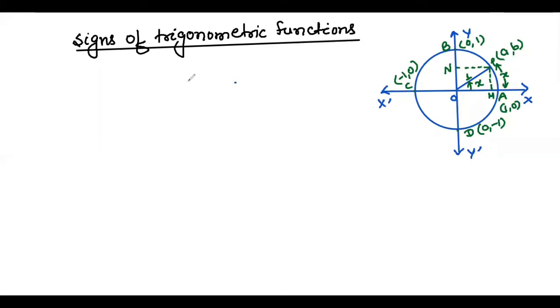So for determining signs of different trigonometric functions, I am considering here a unit circle with center O at the origin O of the coordinate axis. This circle meets the coordinate axes at point A (1,0), point B (0,1), point C (-1,0), point D (0,-1).